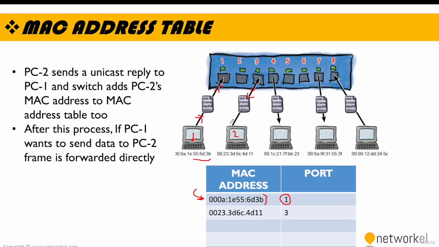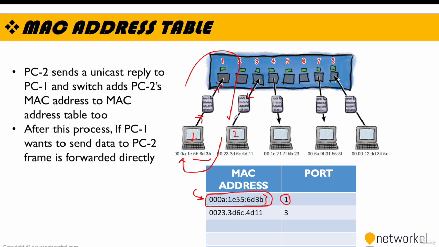Then PC2 this time will respond back to PC1, right? Because PC1 is asking for some files from PC2 and PC2 is responding back with the files. So PC2 sends a unicast reply to PC1 this time, because in my MAC address table I now have the MAC address of PC1.